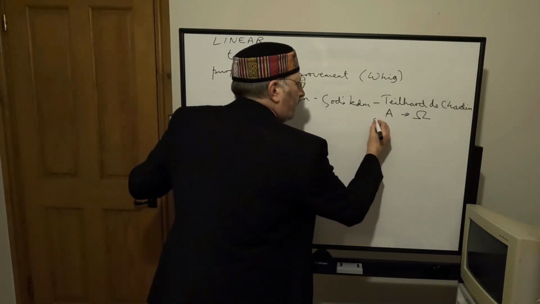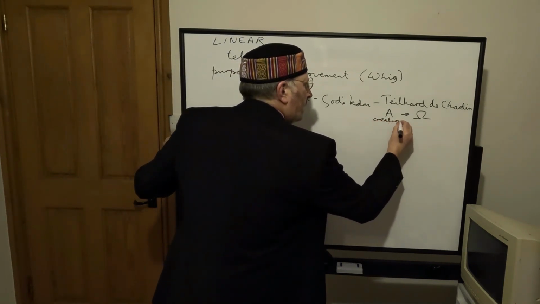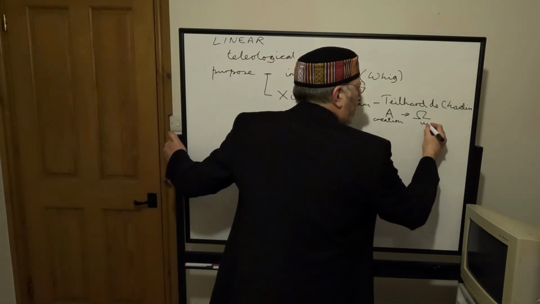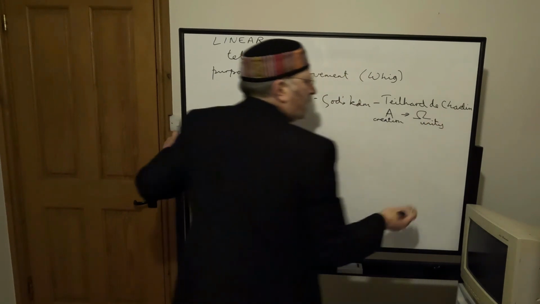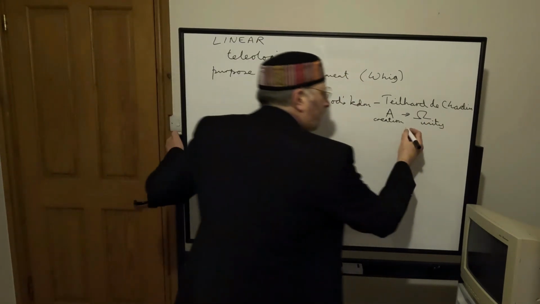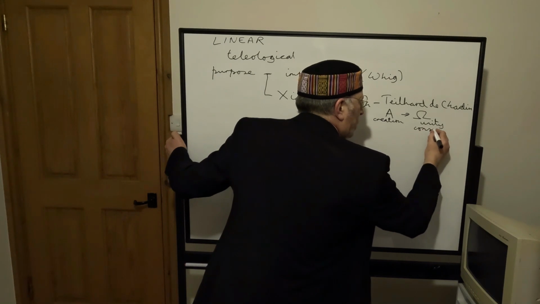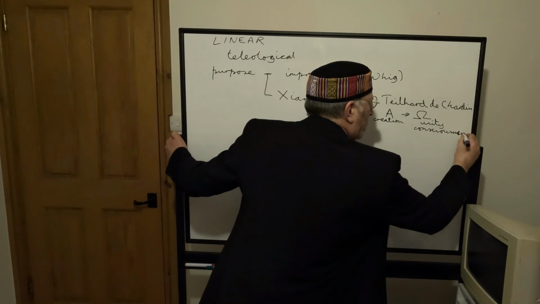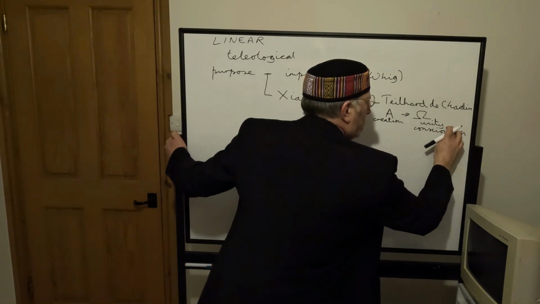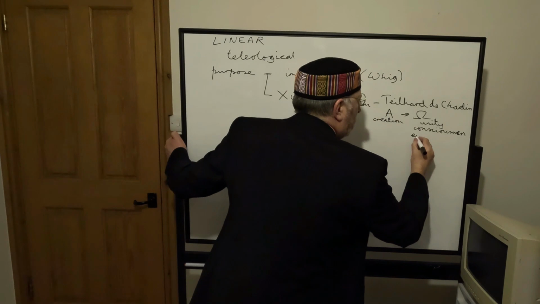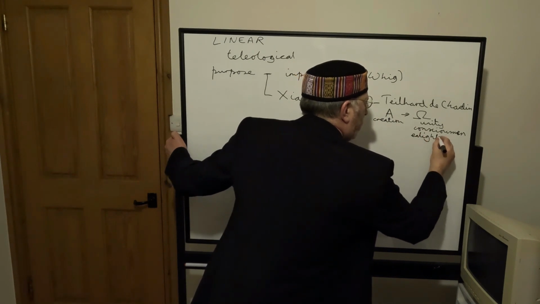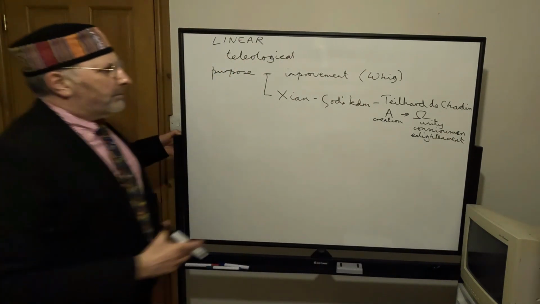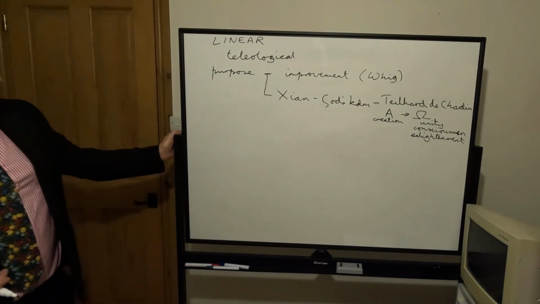So alpha is the beginning, the creation, and omega is when humanity achieves unity with God and perfect consciousness, maybe leaving behind our material bodies and achieving final enlightenment. That was Teilhard de Chardin's view.